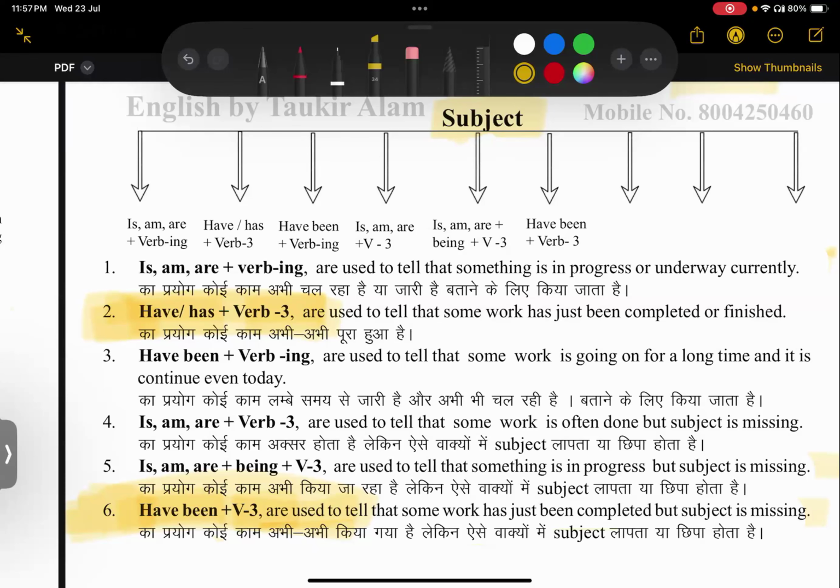You will speak I have, you have plus verb in third form. But if you want to say एक मोबाइल खरीदी गई है, you will say a mobile has been bought. Who is that man who has bought it? No idea. कौन है खरीदने वाला? नहीं पता. So I hope you got the concept.